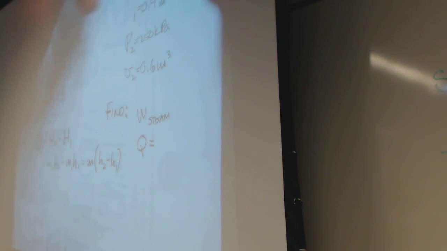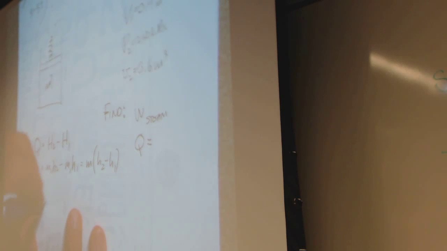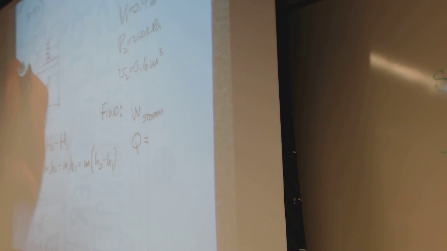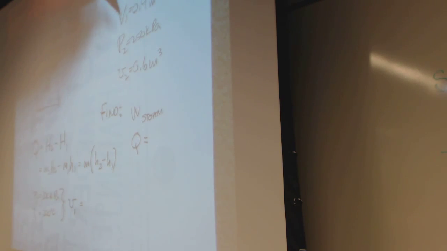What they gave us was the original total volume. So the specific volume equals, well, specific volume is a property at P1 is 200 kilopascals, T1 is 200 degrees C. Now we need to look at tables to find out what specific volume is, because this was a total.